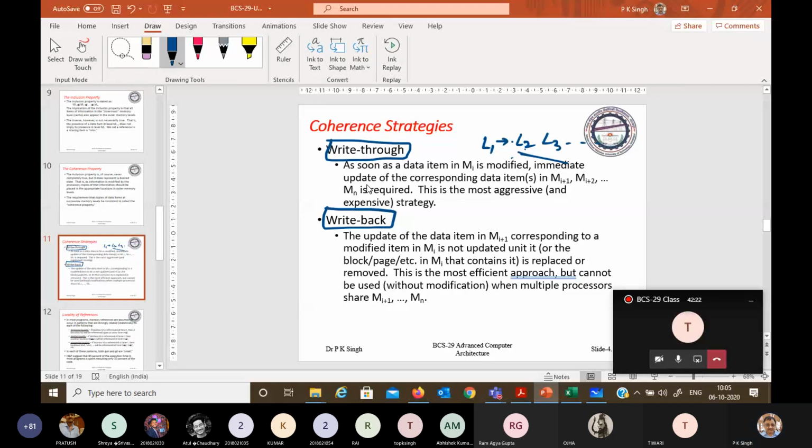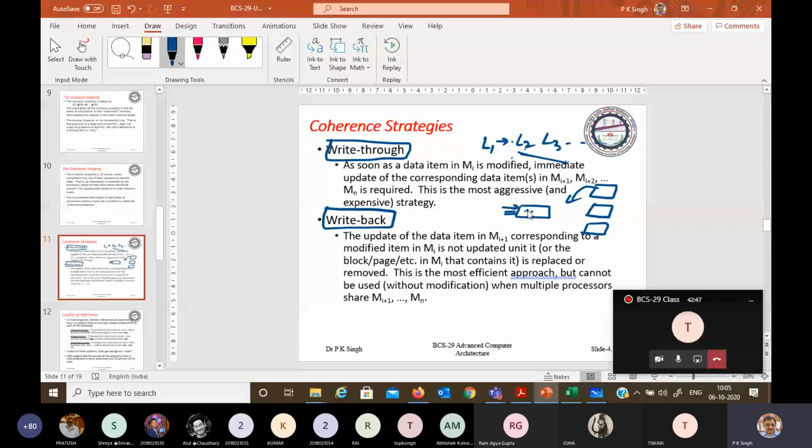Actually, for implementation, we divide the main memory into smaller blocks and we transfer a block into cache memory, and the processor will refer to the information and do the modification.